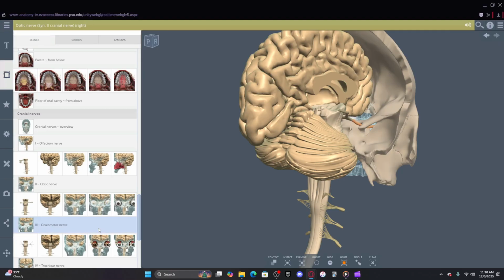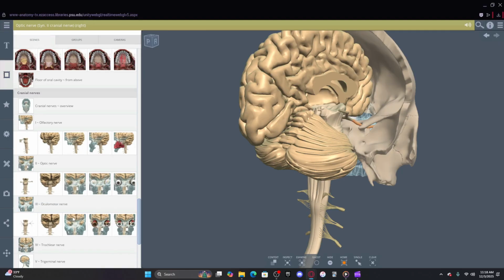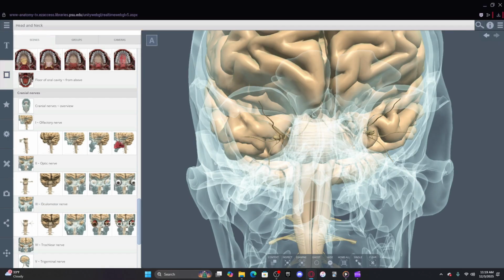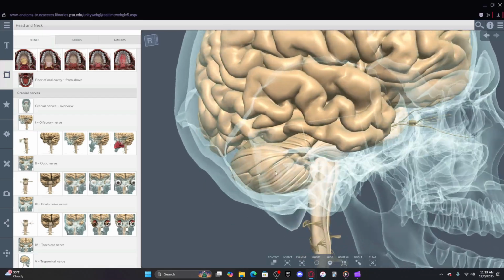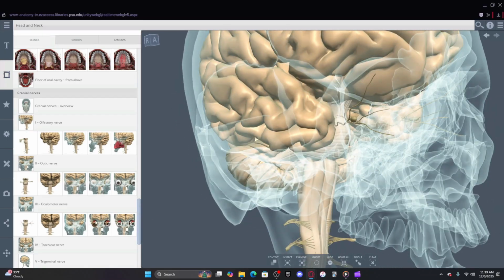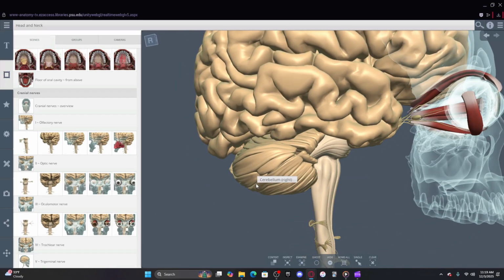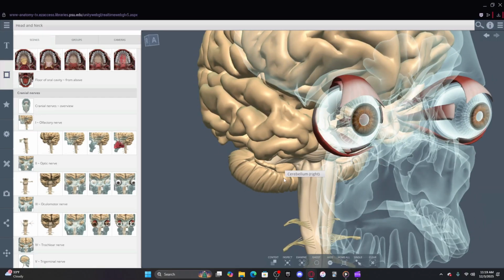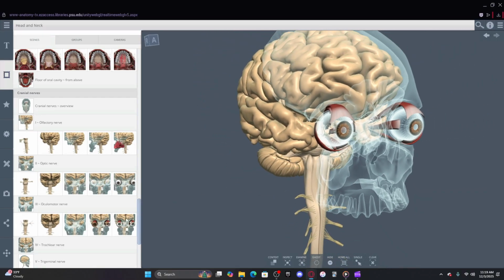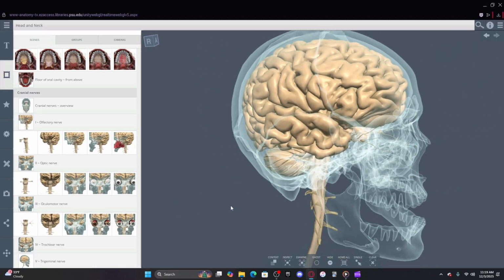Cranial nerve number 3, oculomotor, is entering the superior orbital fissure. So there we have cranial nerve number 3. That's better.